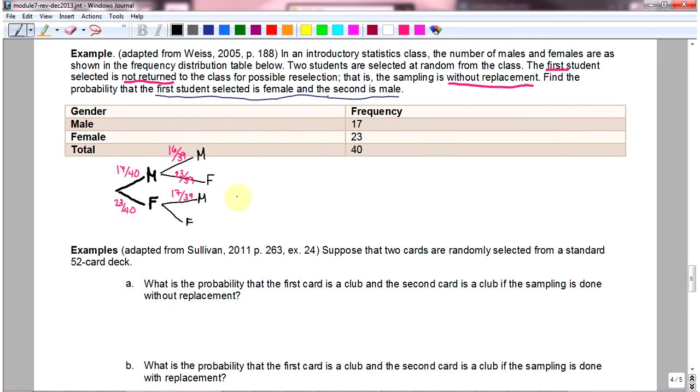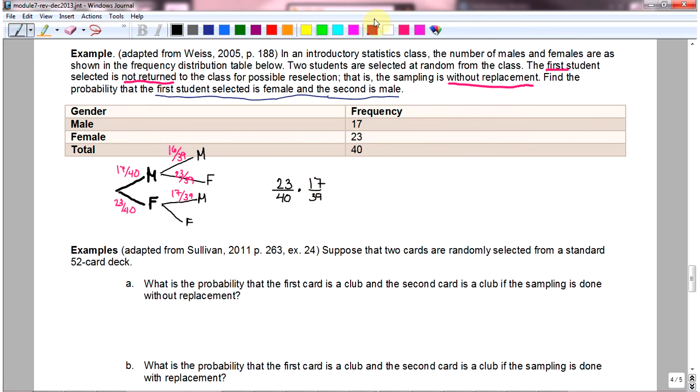Okay. So now, to get our answer, what is the probability that we choose a female and then a male? What you're going to do is just multiply across the branches. So we end up with 23 over 40 times 17 over 39.